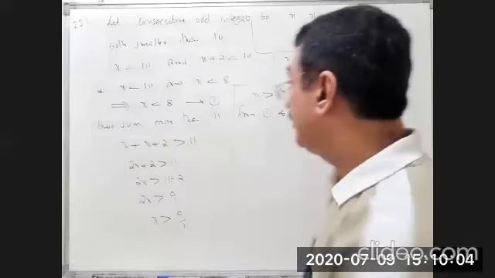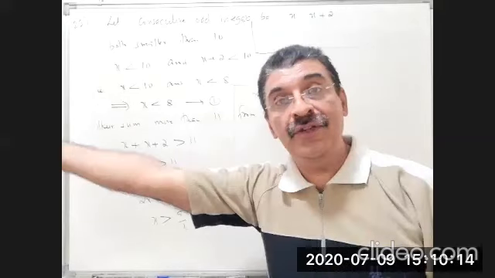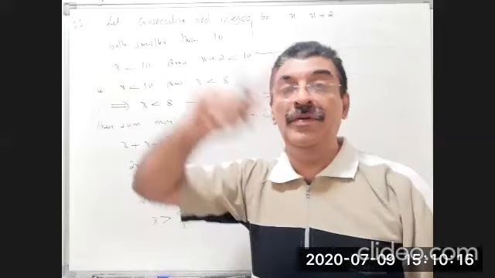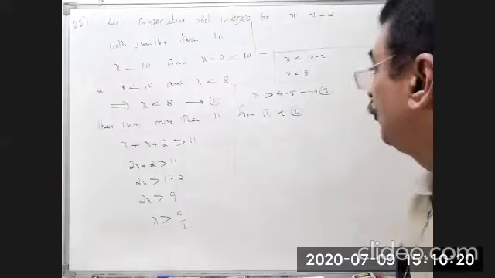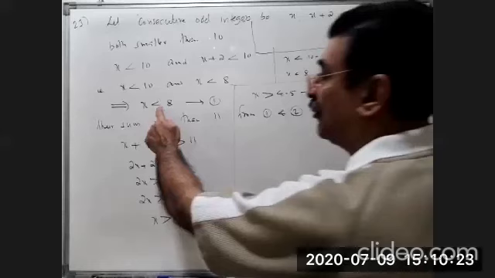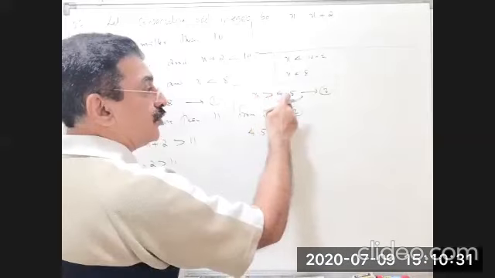Whenever we are combining inequalities, start from the smaller number first. Yesterday we discussed: we say minus infinity to 2, we will not say 2 to minus infinity. Always start from the left side, the smaller. Out of 8 and 4.5, which one is smaller? 4.5.